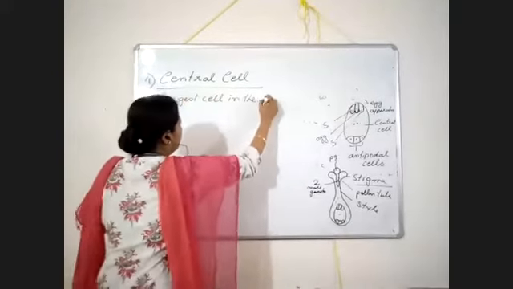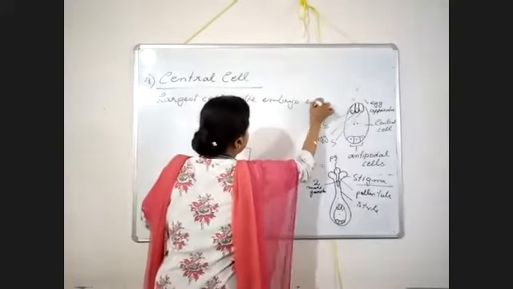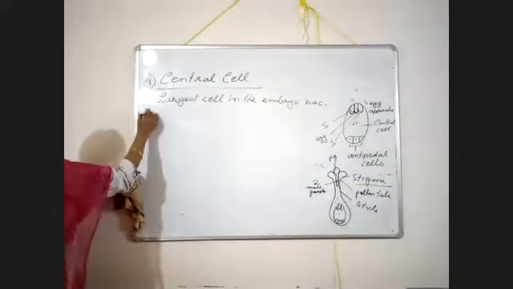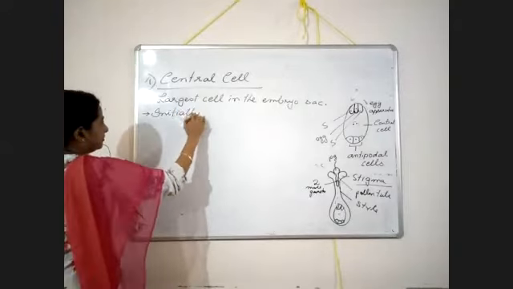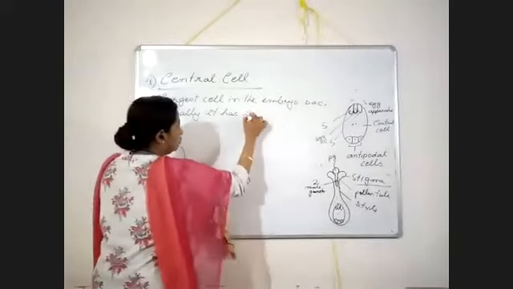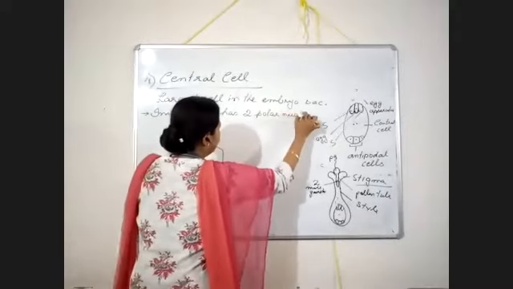The largest cell in the embryo sac, right? Next, initially it has 2 polar nuclei.